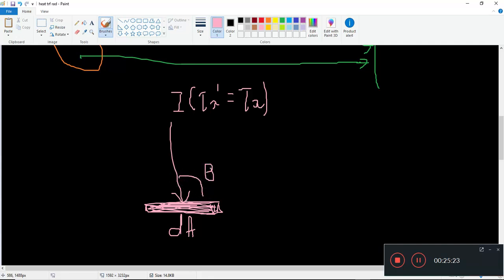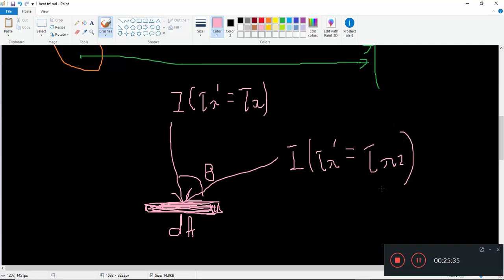However, what about this radiation here? Is it the same thing? I'll call it tau lambda 2 because it's probably a different length coming in. They are not actually the same thing. So depending on the angle with respect to the normal, this intensity term will change.